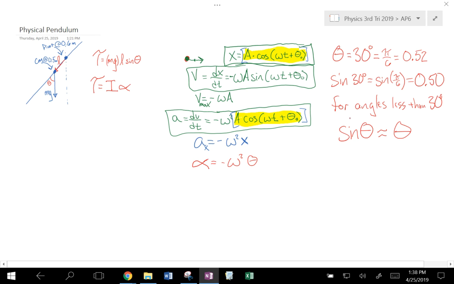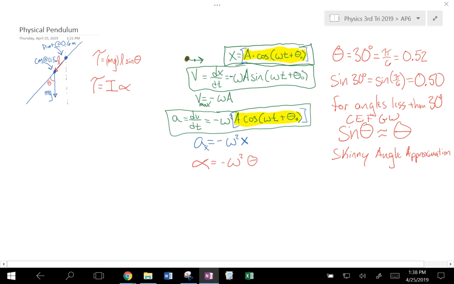Close enough for government work. That's called the skinny angle approximation. You probably didn't learn it in math class because precision, but this is physics, so 0.52, that's pretty darn close to 0.50, all right?